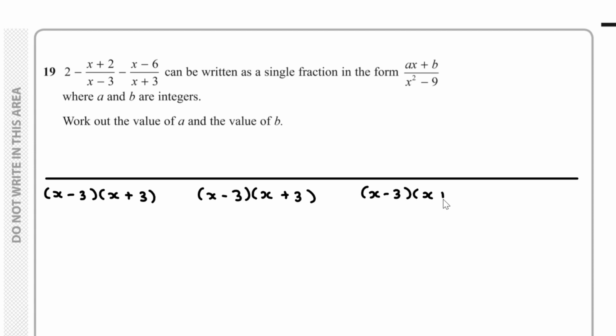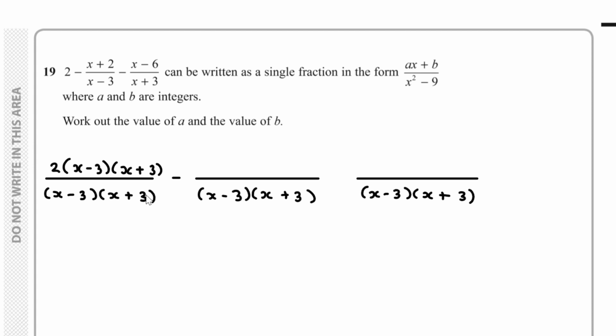Okay? So what we now need to do, well, over here, 2 is the same as 2 lots of x minus 3 lots of x plus 3. It's as though the x plus 3 and the x minus 3 cancel on the top and bottom.